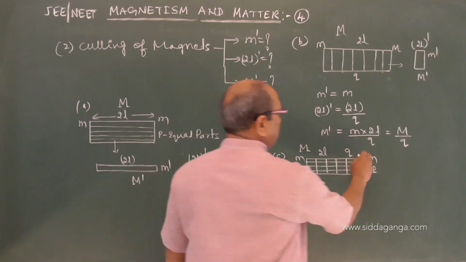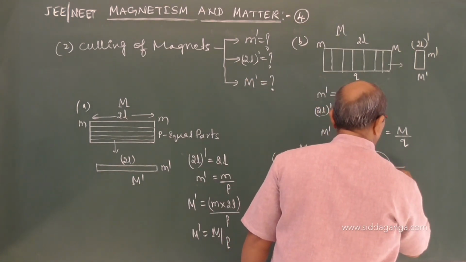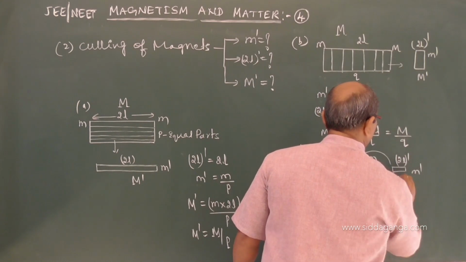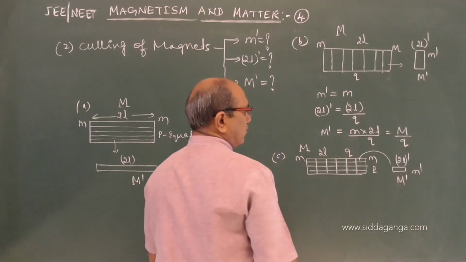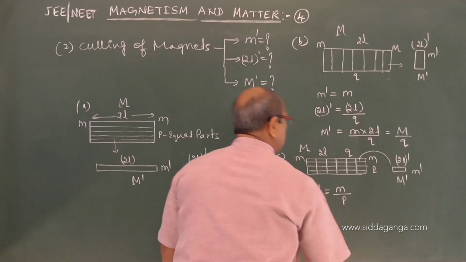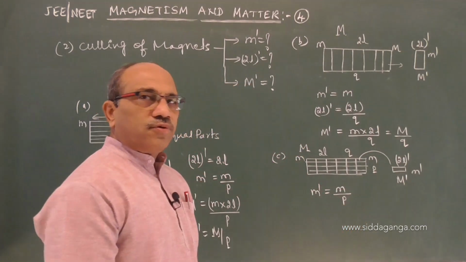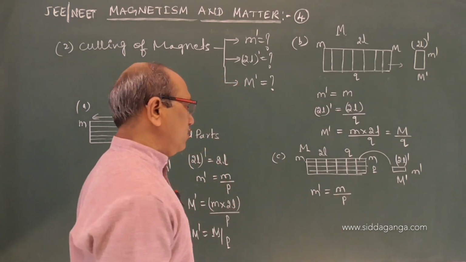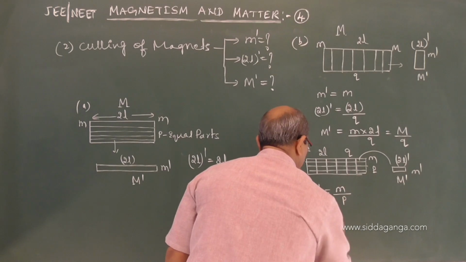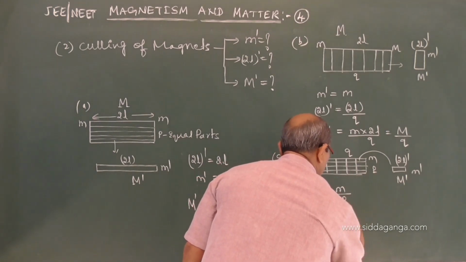Then what is the moment of each part? What are 2L dash, M dash and the moment? Since it is cut P times, the area of cross section decreases by P, therefore M dash is equal to M by P. And again, you see the length also decreases by Q times, therefore 2L by Q.